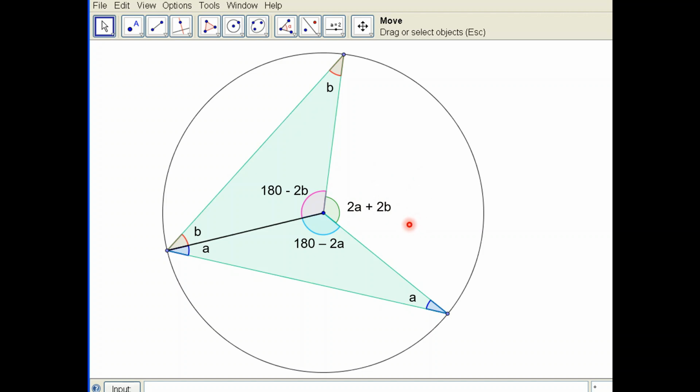So having this, we have proved that anytime we have an arc and it subtends at the center and also subtends at the circumference of the circle, then the angle formed at the circumference of the circle is half the angle formed at the center of the circle.